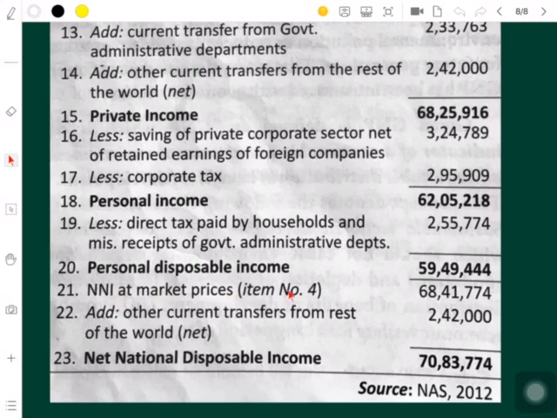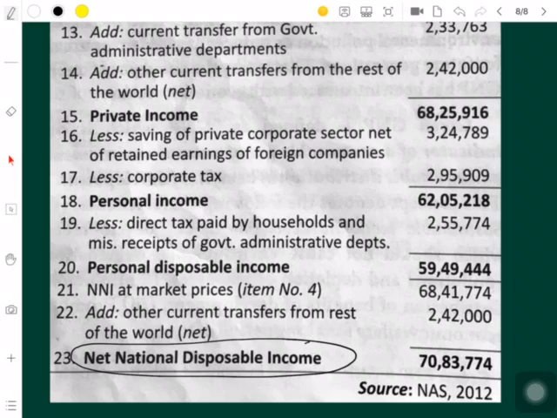NI at market price from item number 4 above is 64. Add other current transfers from rest of the world, that was 240,000, and you will reach net national disposable income, that is this much. So this disposable part, my dear students, please bear it in mind.